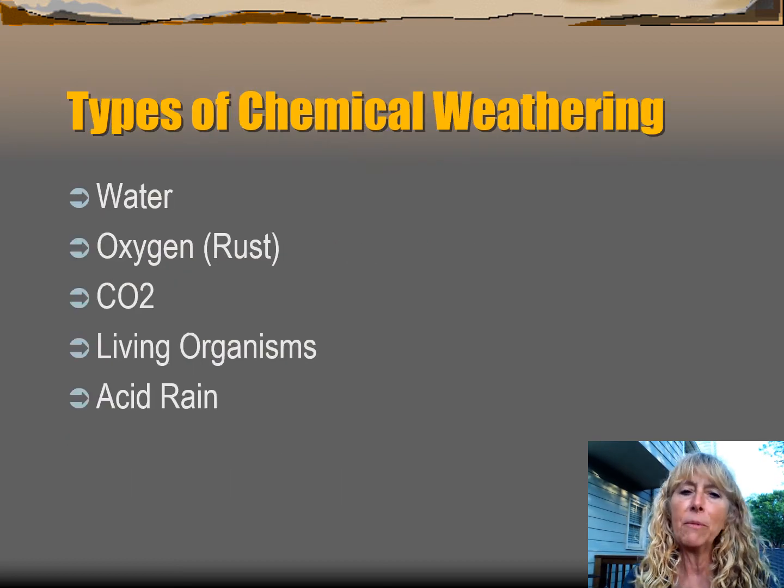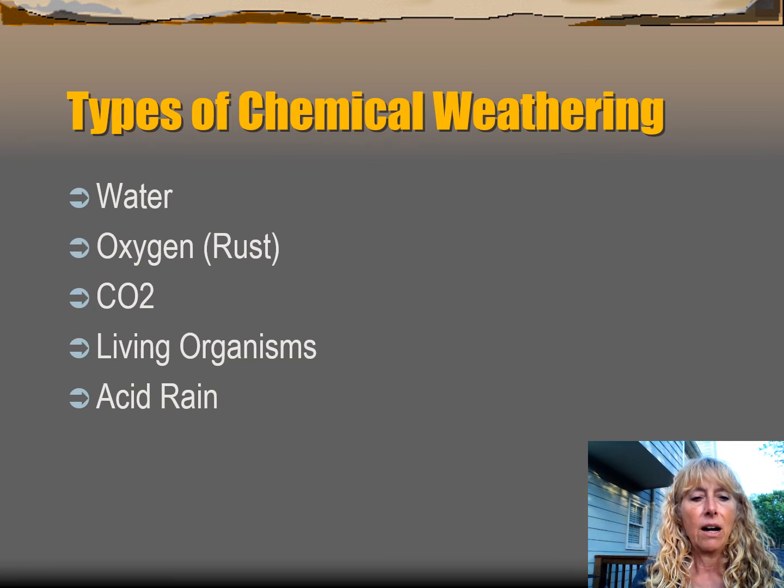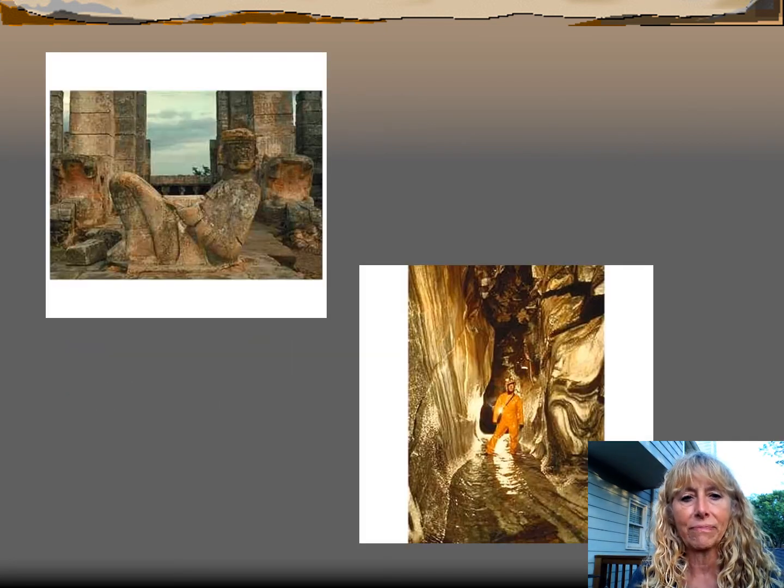So the types of chemical weathering have to do with water changing rock, oxygen causing rust, another word is oxidation, how CO2 changes rock, living organisms, and acid rain, which you probably studied in your social studies class.